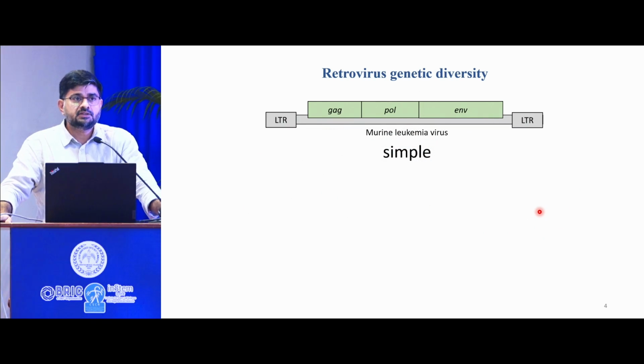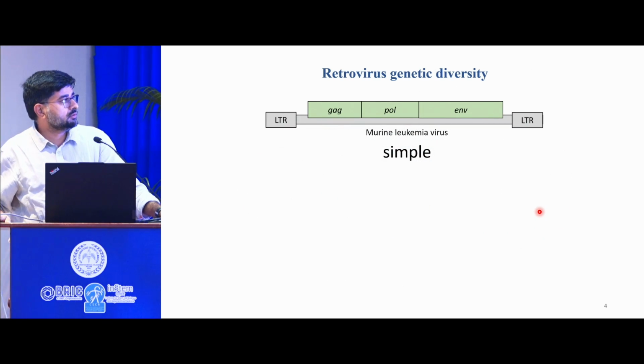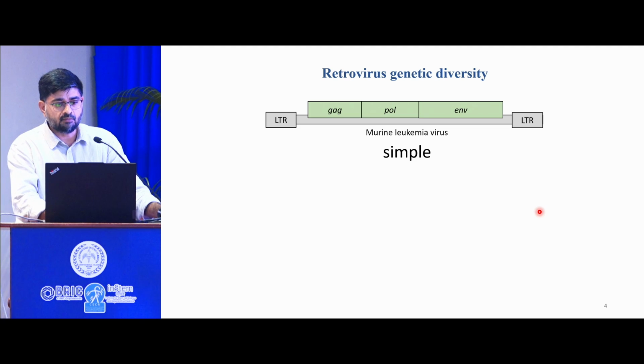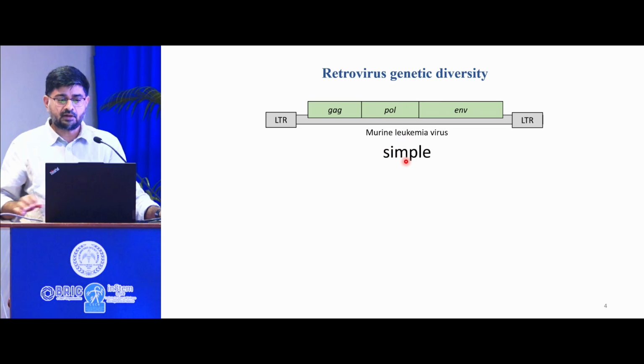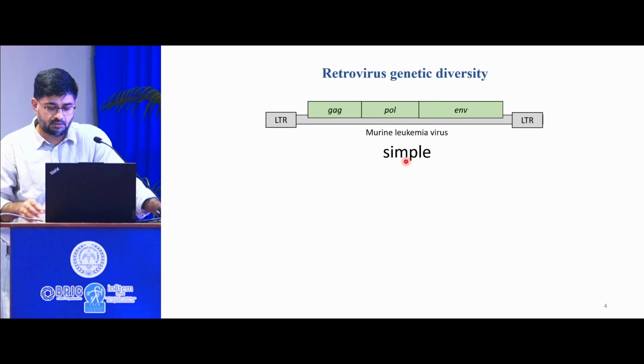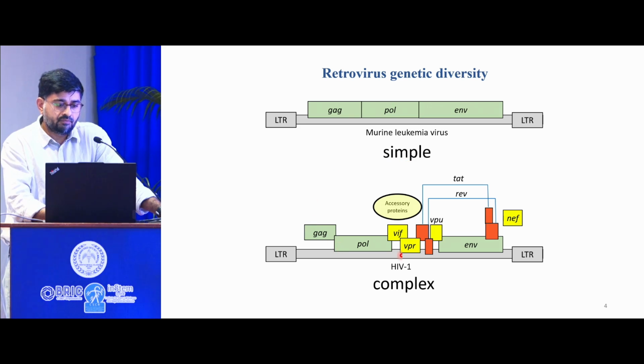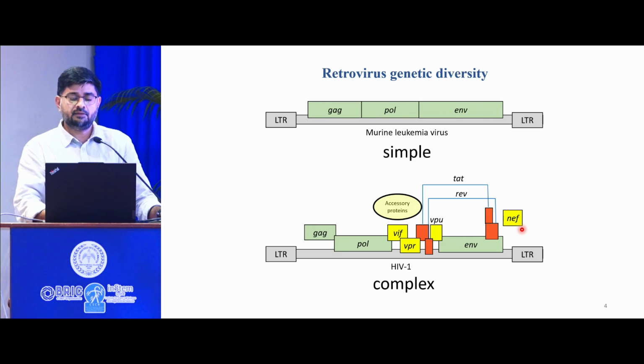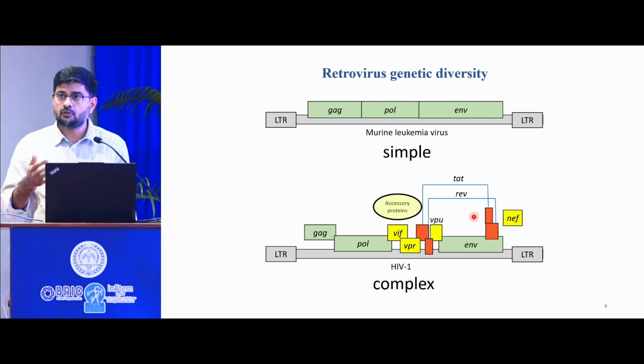If you look at the genome of these retroviruses, you will notice that the genome comprises canonical retroviral genes, GAG, POL, and ENV, and these are the simple counterparts or the cousins of complex retroviruses, which without changing the sheer genome size learn and evolve to encode more and more proteins on top of what canonical retroviruses encode.